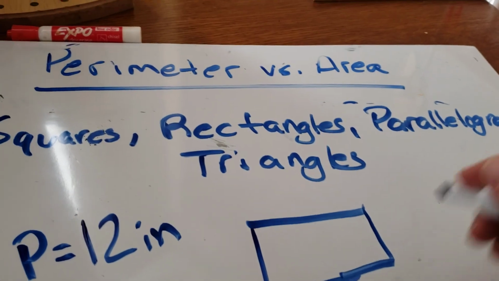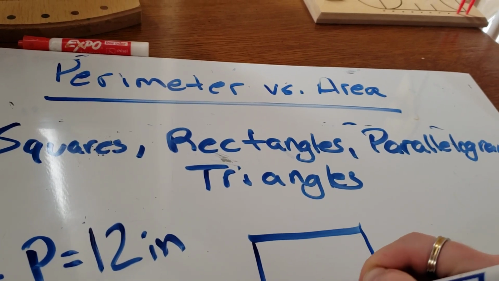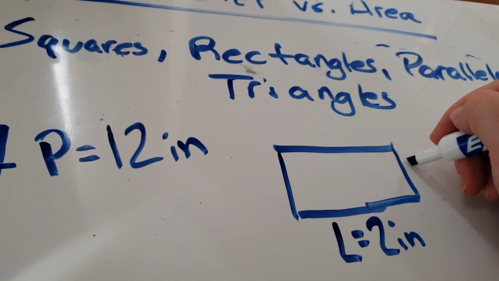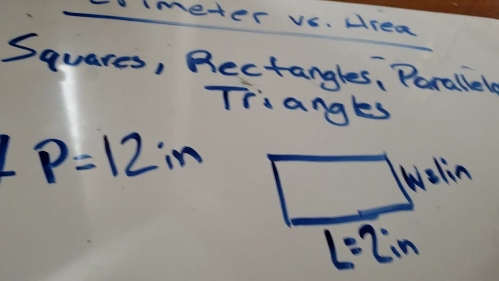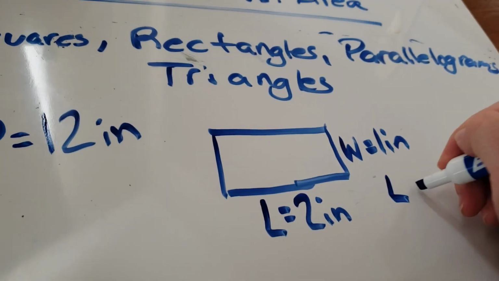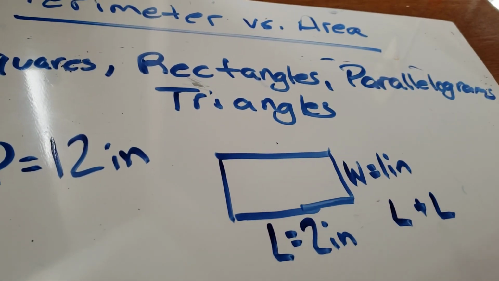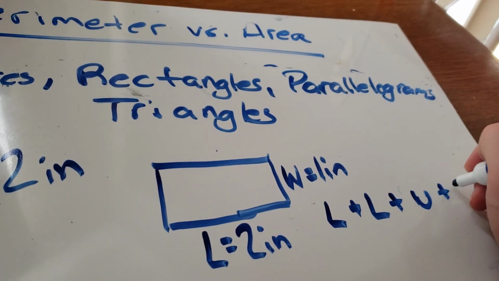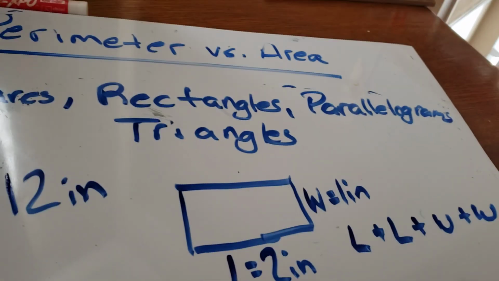For a rectangle, we need a little bit more information because not all the sides are the same. So we need to know the length. Let's say the length is 2 inches, and we need to know the width. Let's say the width is 1 inch. We would add all of those up. So we would take length plus length because there are 2 of them, and then we would add that with the width plus the width because there are 2 of those as well.